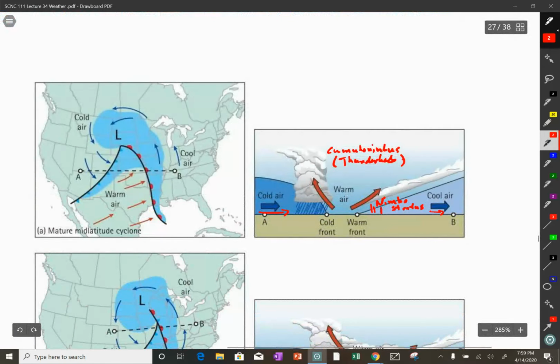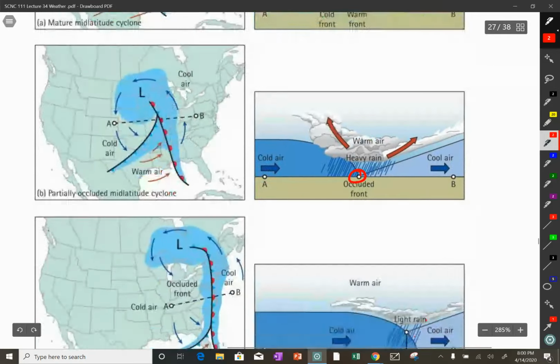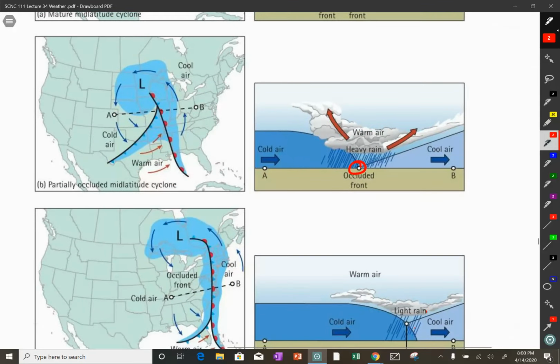And this picture over here is actually showing the generation of such a front. So you have the cold air rushing down here. Here's the warm air, and then cool air on the other side. And yeah, I'm not asking you to understand how to read these.